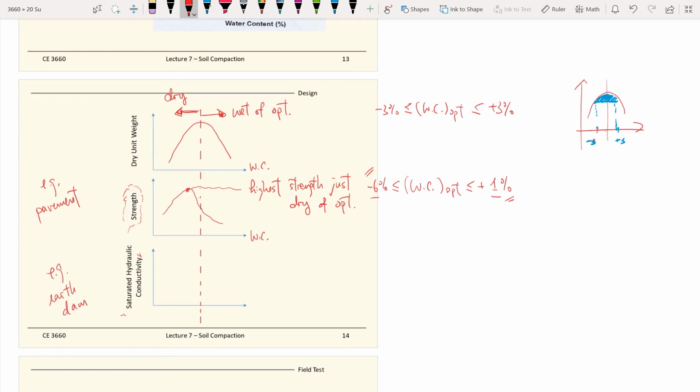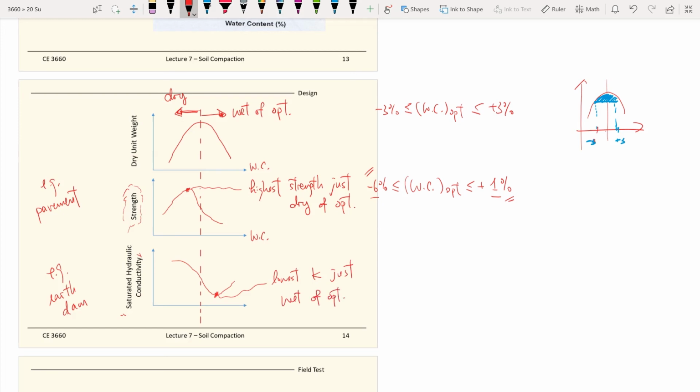So for hydraulic conductivity, for example, some earth dams, we want to have a low hydraulic conductivity, right? In order to slow down the seepage going through our earth structure, and the hydraulic conductivity will have the best performance. The lowest hydraulic conductivity will happen just wet of optimum.